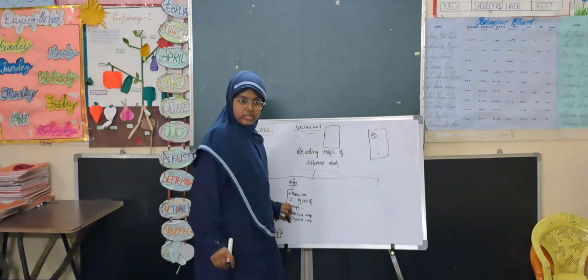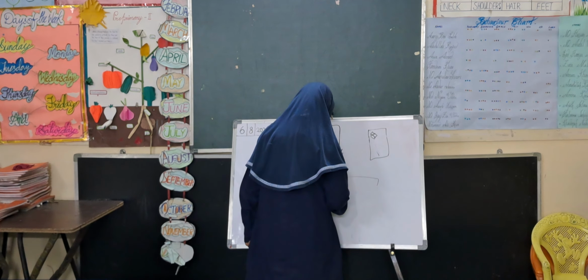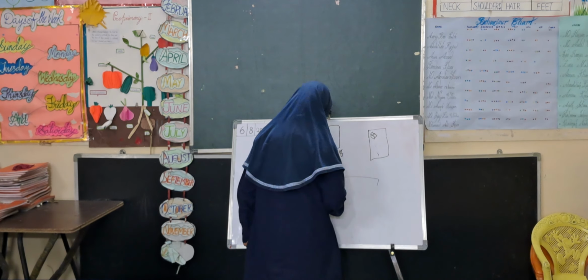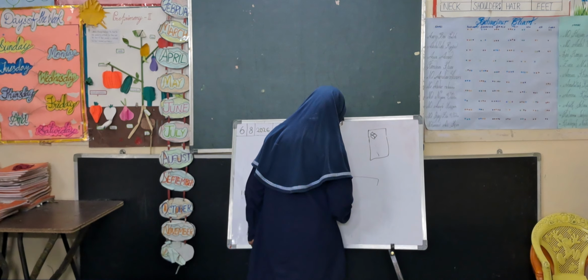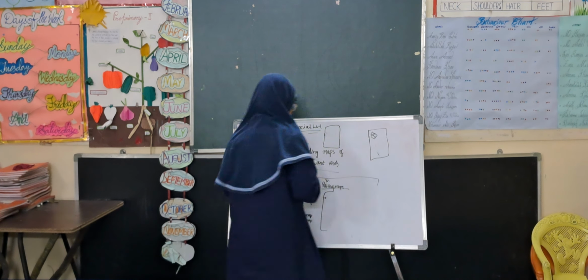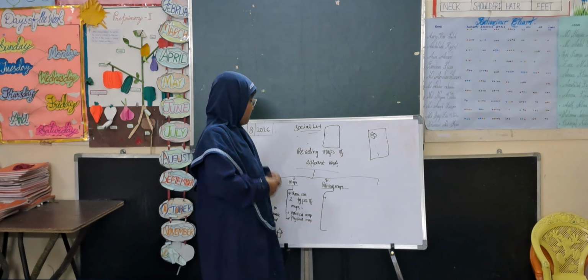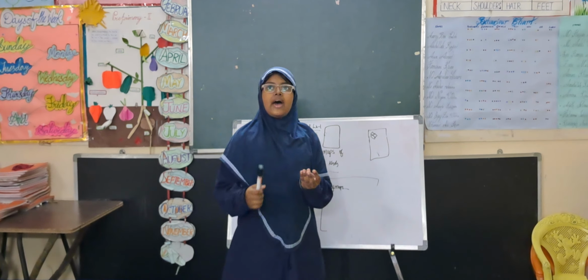First we will know about political maps. Political maps show us cities, villages, countries, and states of the world, like all the places we can see.